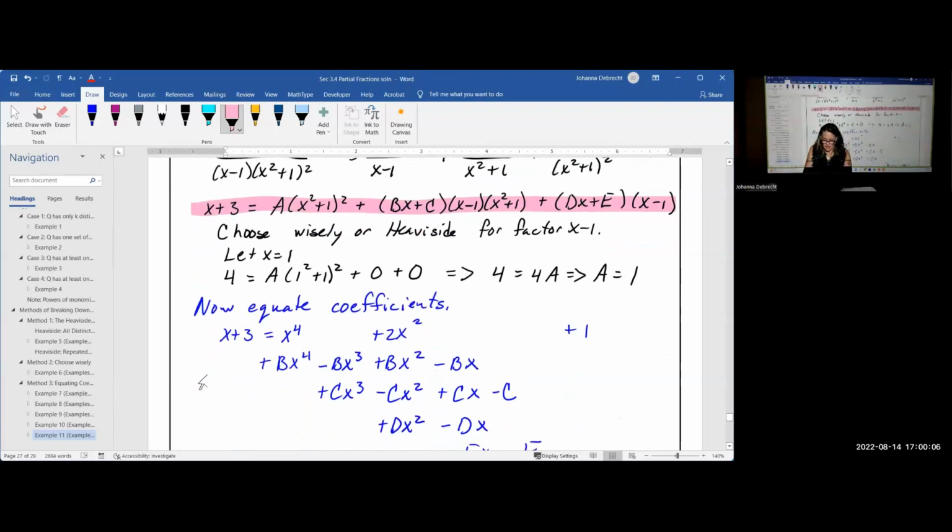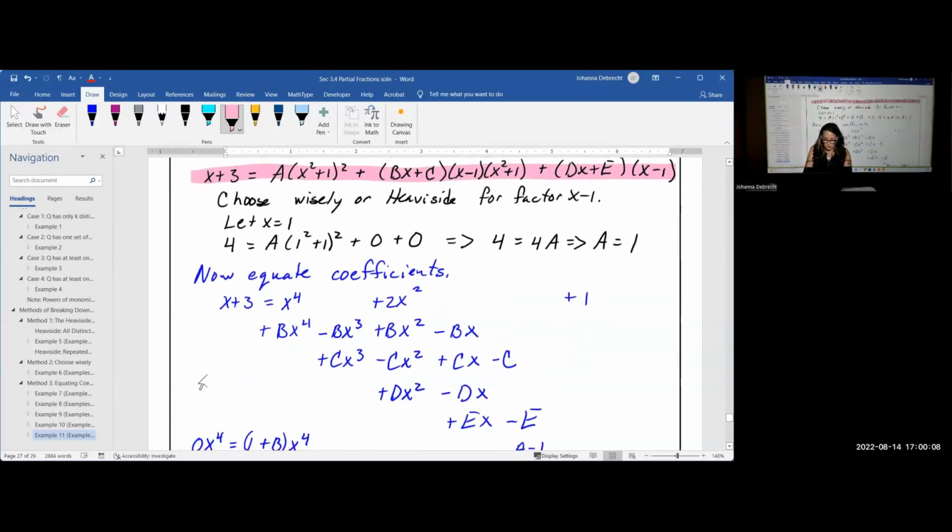And what I'm going to do now is use the method of equating coefficients. So in order to equate coefficients, as awful as it is, you're going to have to multiply all of this out, which is enormously long, takes a lot of work, but let me show you how I organize my information.